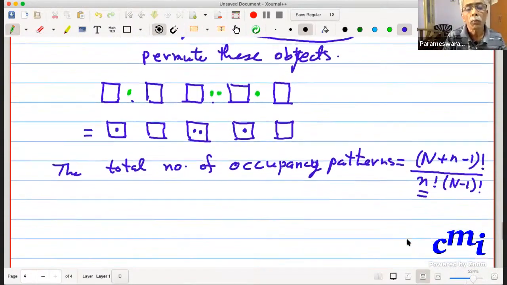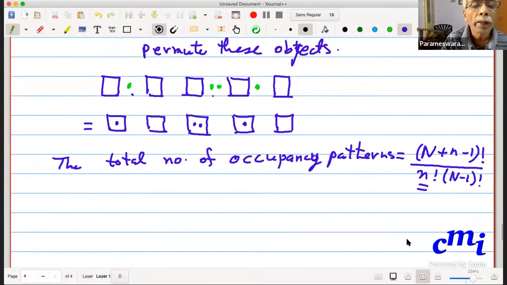What about these boxes? You may think that these boxes are labeled 1, 2, 3, and so on. Either way, whichever way you like to think of them. And then I permuted them, but that again doesn't really matter.